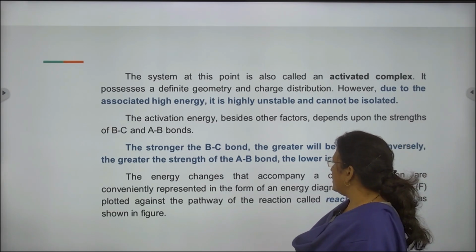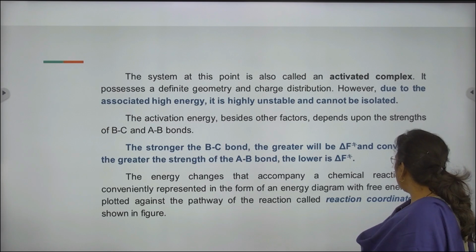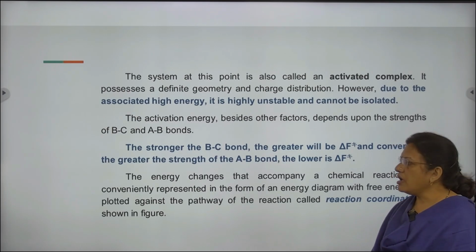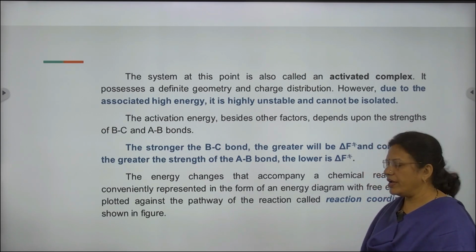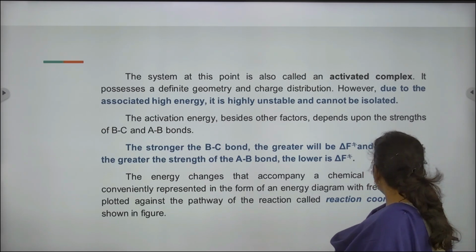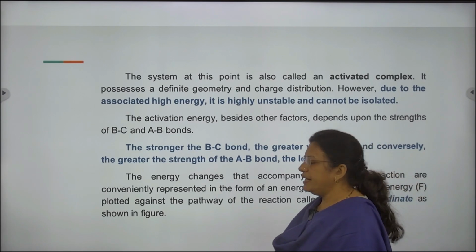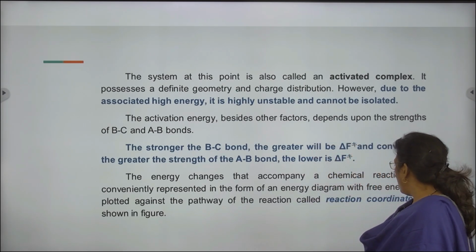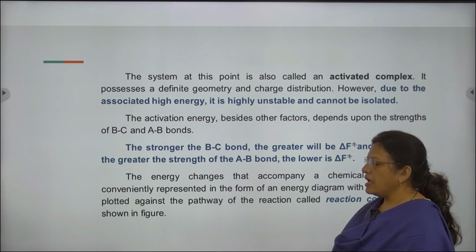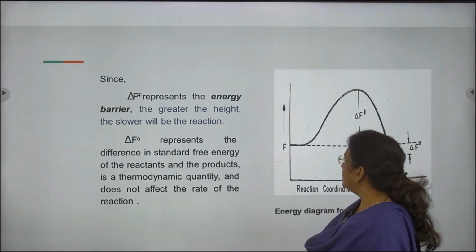The energy changes that accompany a complete reaction are conveniently represented in the form of an energy diagram, with free energy plotted against the pathway of the reaction, called the reaction coordinate, as shown in the figure.